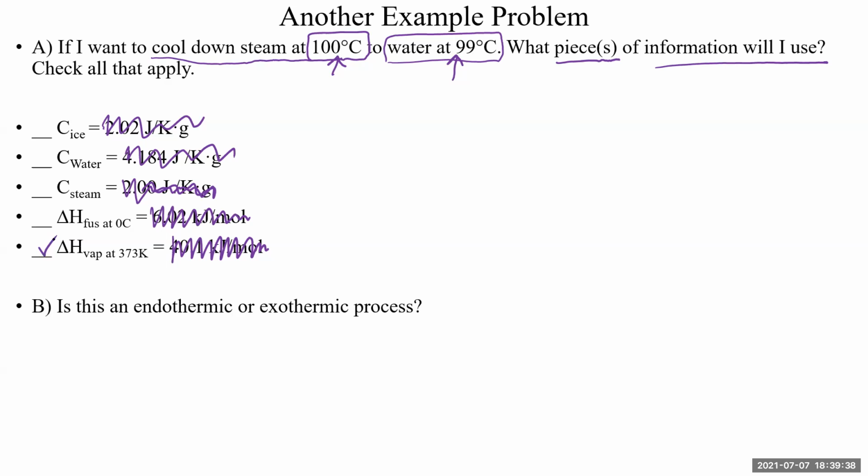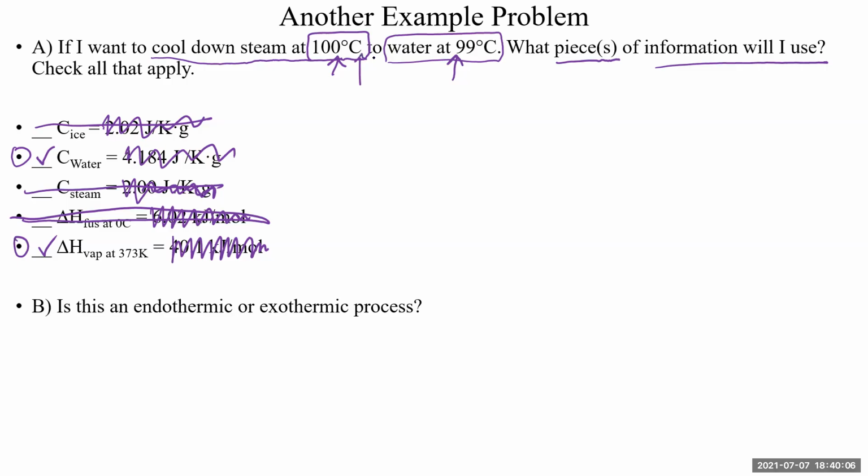The only other thing we did was we cooled down the resulting water by 1 degree. It was still water. So we started with 100 degrees Celsius water, and we got to 99 degrees Celsius water. That's this one right here. And that is it. The rest of these are not useful for this particular question. Only this one and this one are needed pieces of information here.